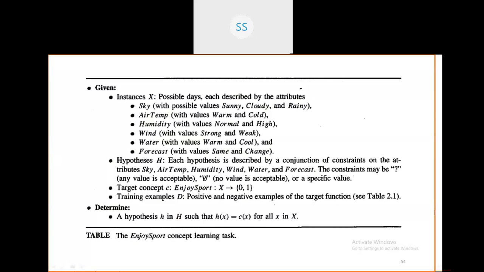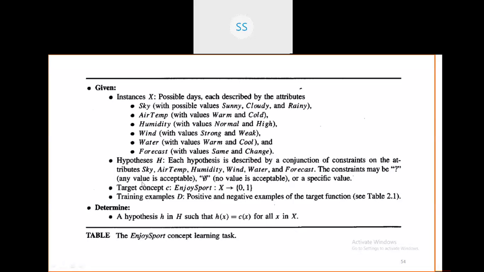In the last example we have seen it, a hypothesis can have any of these constraints. The first constraint can be a question mark, that is any value is acceptable, and no value is acceptable is denoted by no, and a specific value is specified by giving the value of that particular attribute.